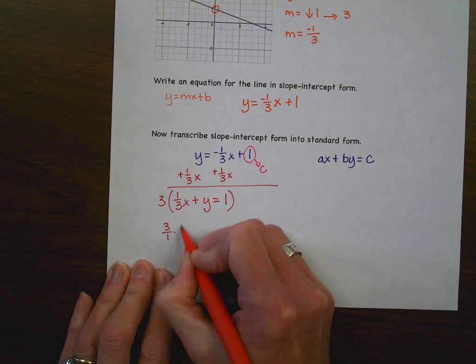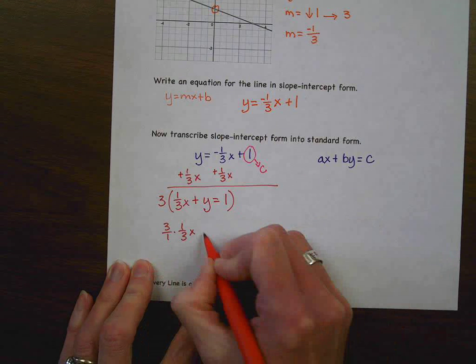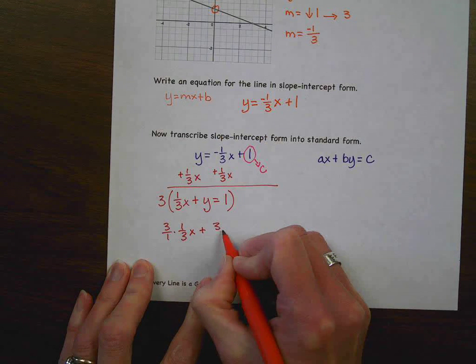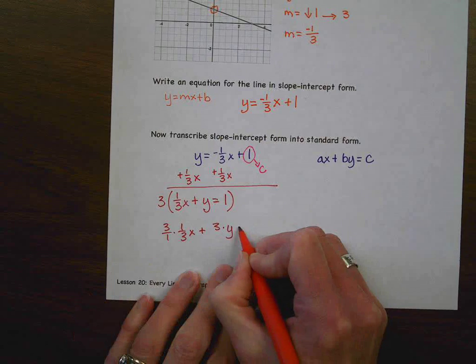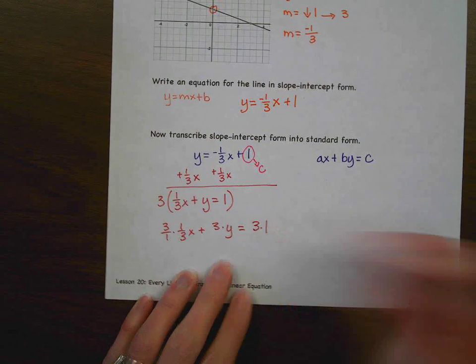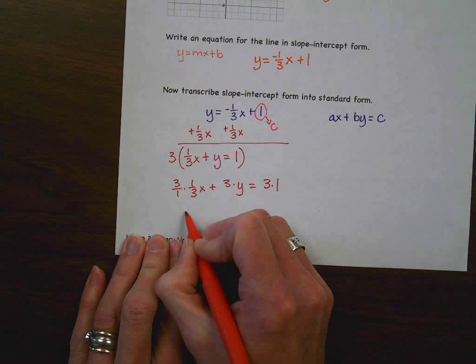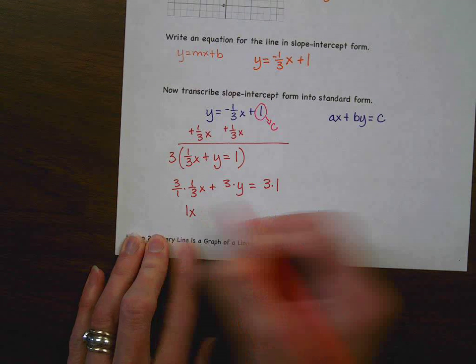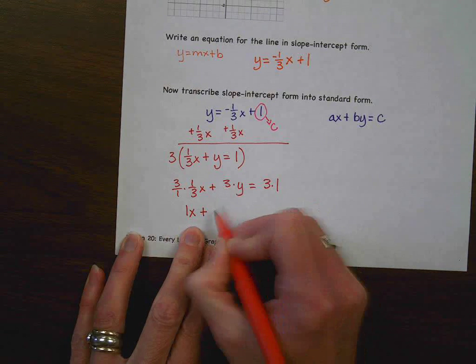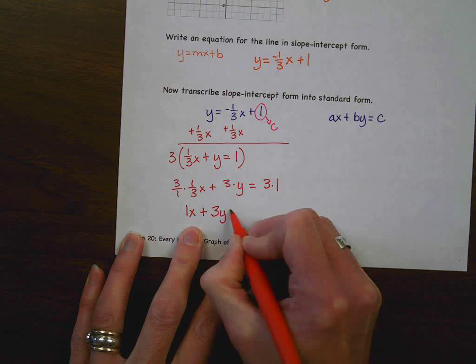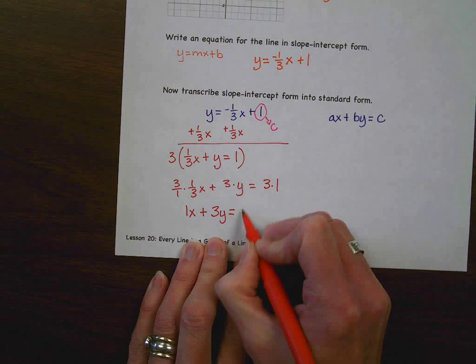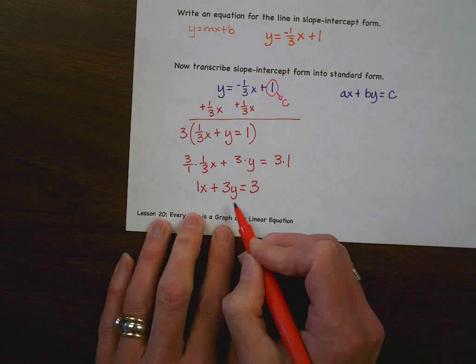So I take 3 over 1 times 1 over 3x plus 3 times y equals 3 times 1. And in doing so, I would get 3/3, which is 1x. So I have 1x plus 3 times y equals, and 3 times 1 is 3.